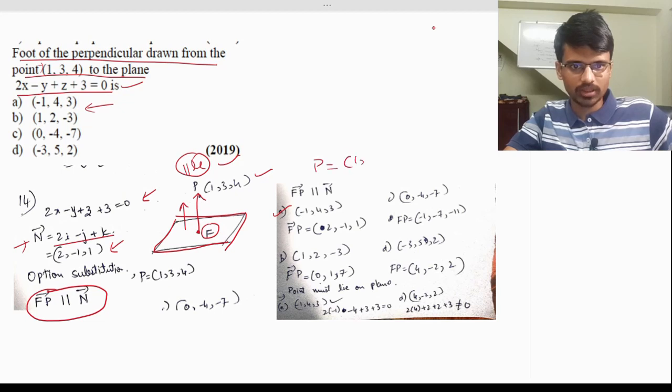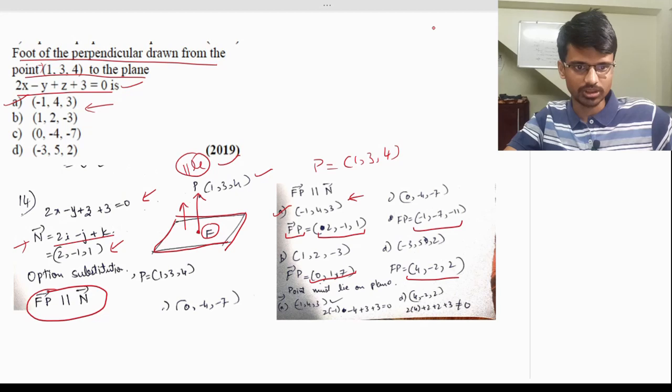It is (1, 3, 4). Taking option A, that is (minus 1, 4, 3), what is my FP? I need to subtract the corresponding components, and I'll get the direction ratios of vector FP. Similarly for option B, C and D.